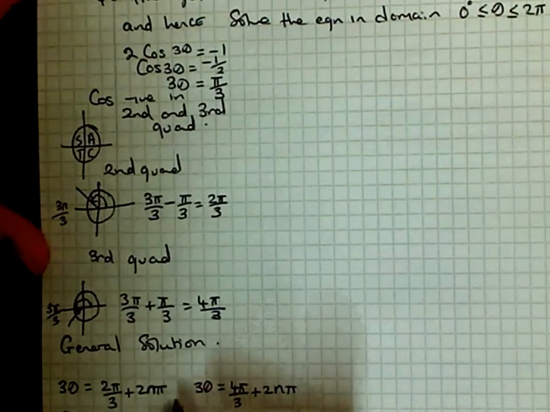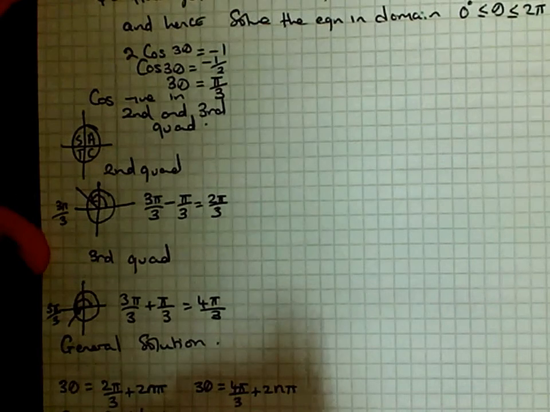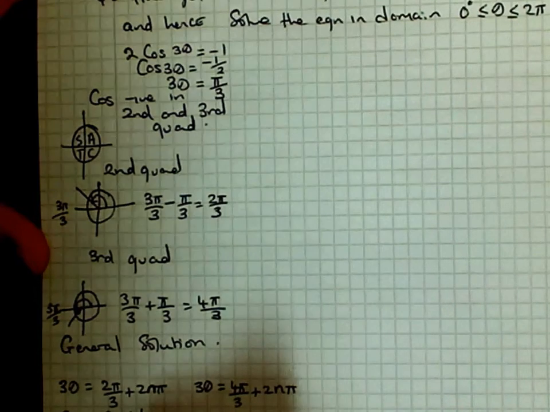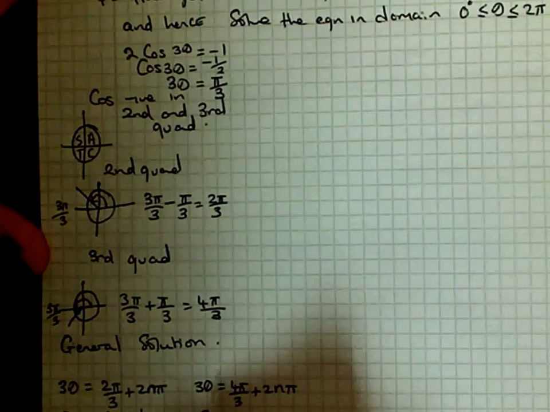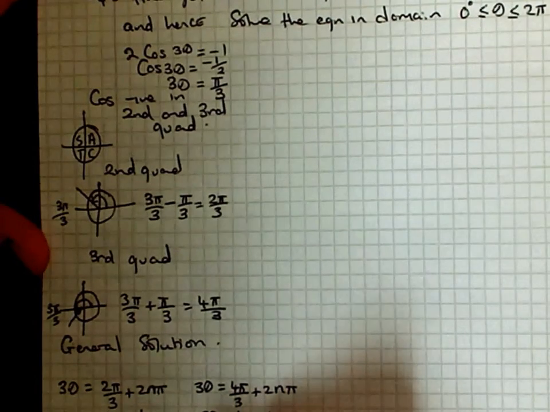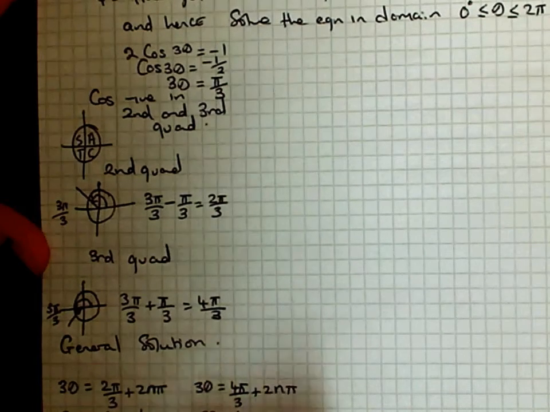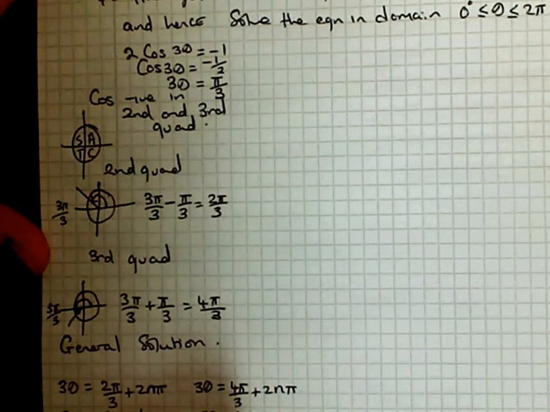And so get a common denominator first of all, so 3 theta is equal to 2 pi plus 6n pi all over 3, and 3 theta is equal to 4 pi plus 6n pi all over 3. Then divide across by 3 and find what theta is.